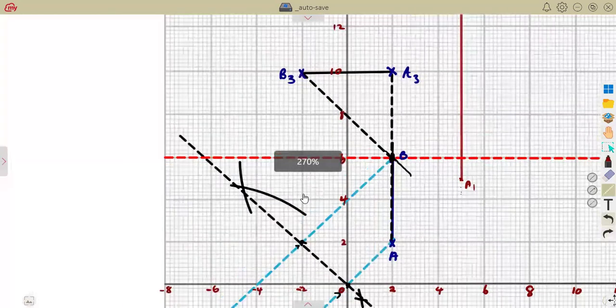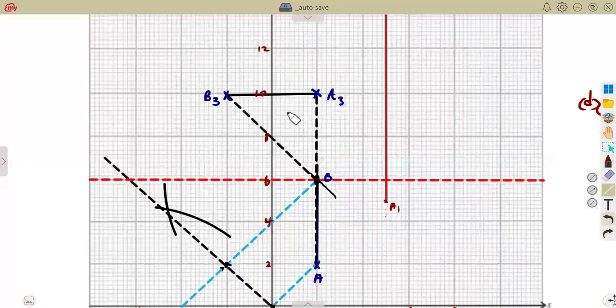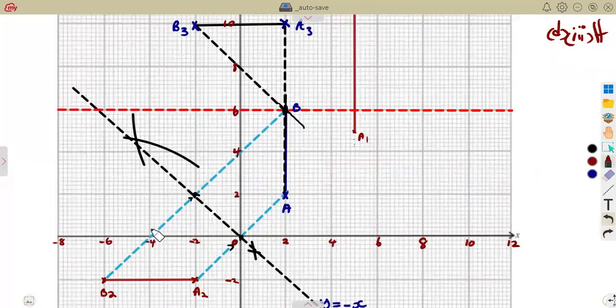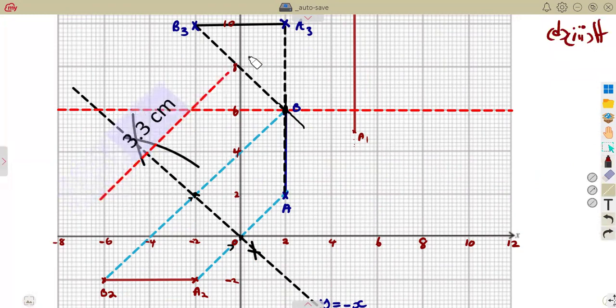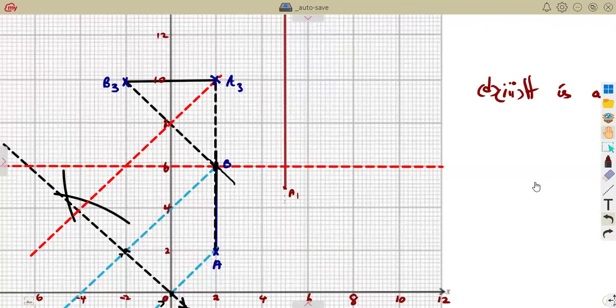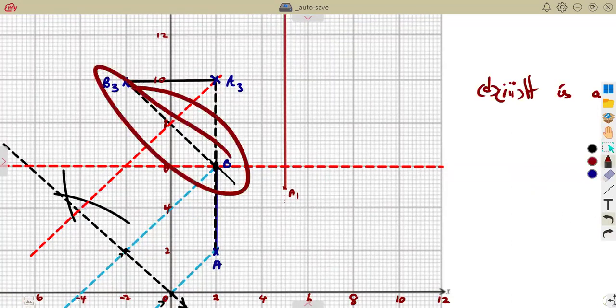So I want you to bisect that properly. You were going to see that the bisector there was going to pass through these points, into the half of this line, into the middle part like that. You have bisected B to B3.